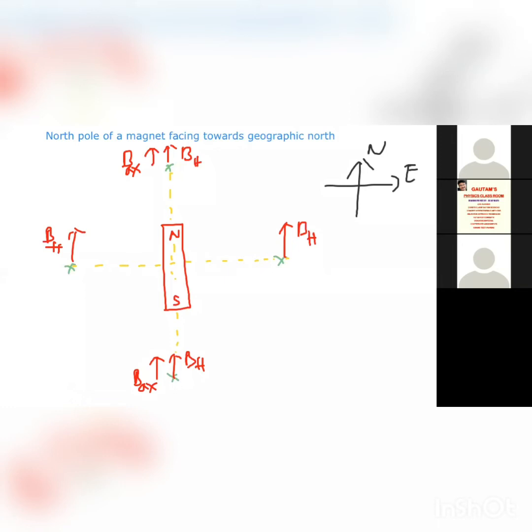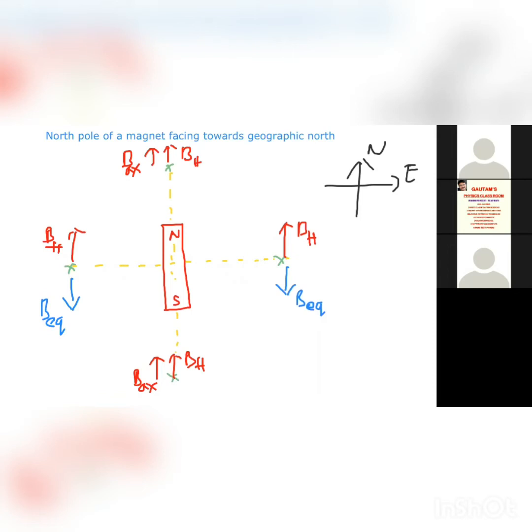At any point on the equatorial line, B equatorial will be in the direction of north pole to south pole of the magnet. So B axial and B equatorial are in opposite directions.